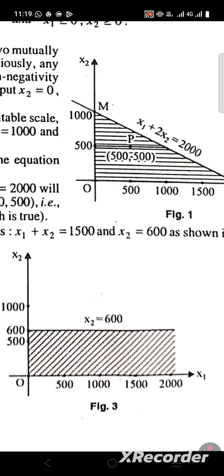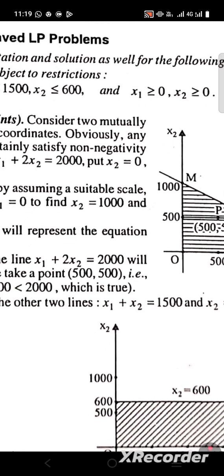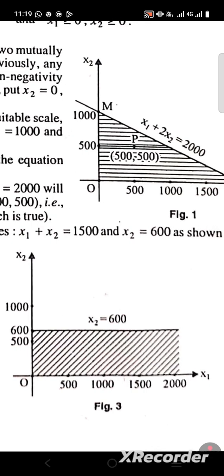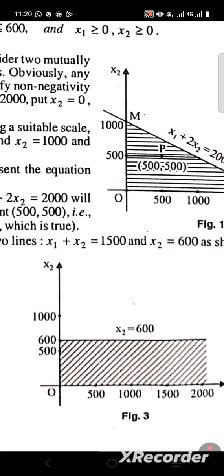Similarly, we solve the third constraint x2 equal to 600, and we denote this point on OX2, that is x2 equal to 600.